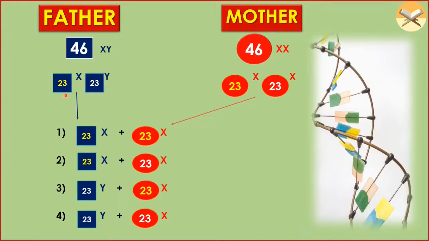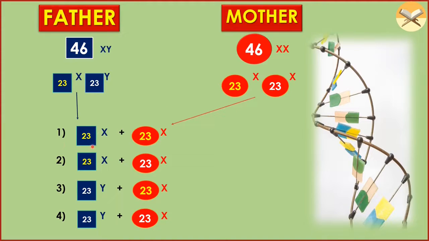You can differentiate them on the basis of their colors. The same is the case with the mother. Now according to the law of segregation, both the genes of a parent get separated from one another. So this is the law of segregation. Now, applying the law of independent assortment, we have to make crosses between the gametes of both the parents. As a result, we would have four cases.